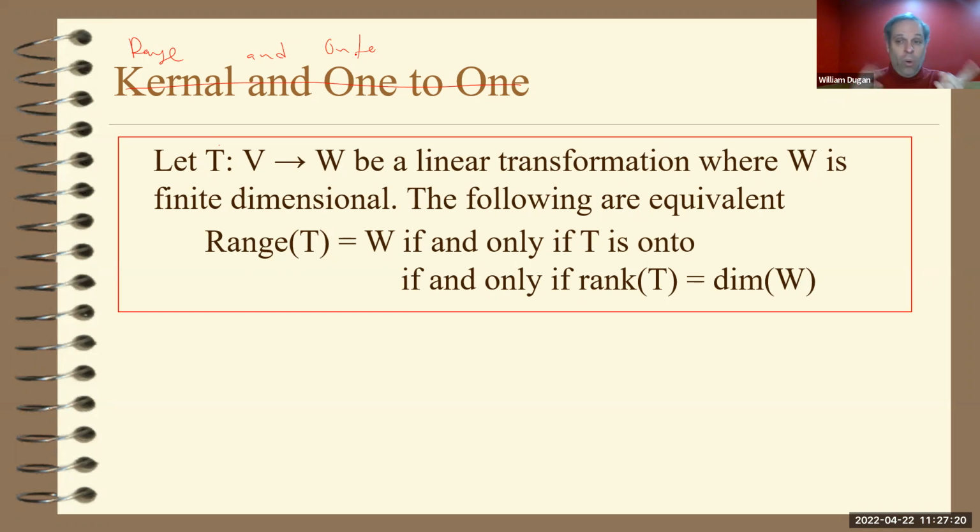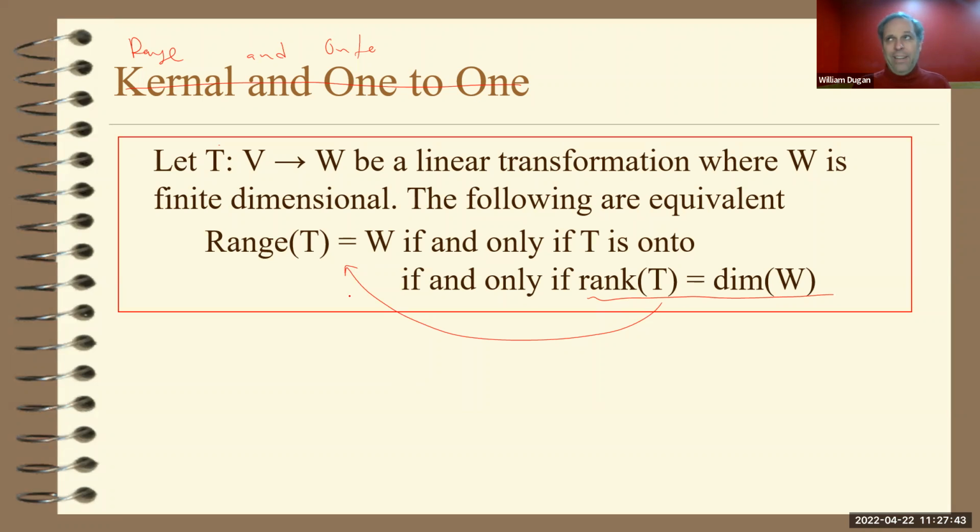The only one that we don't have, the reason we have to insist that W is finite dimensional, is the reverse part right here. If the rank of T is the dimension of W, this implies that the range of T is equal to W, which we're guaranteed is true if W is finite dimensional.